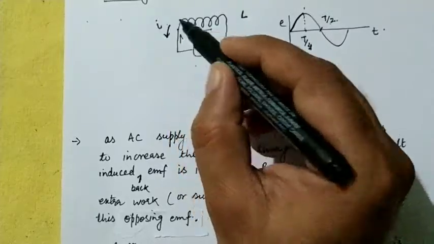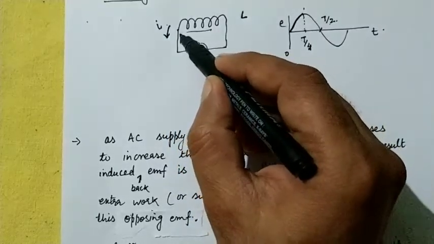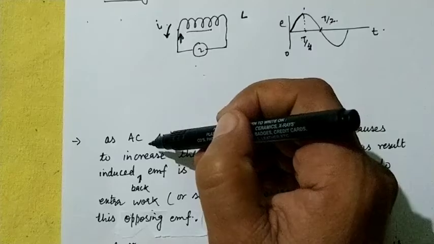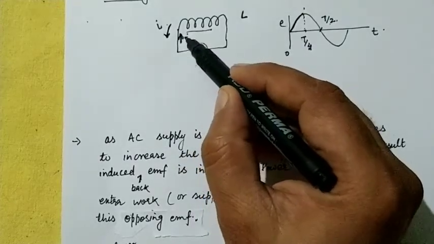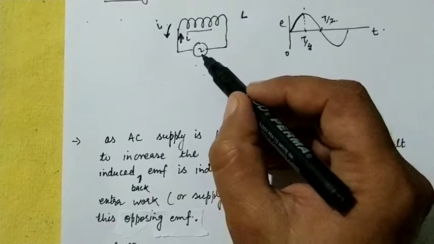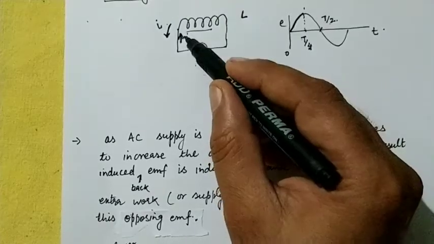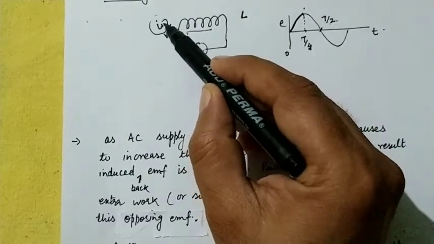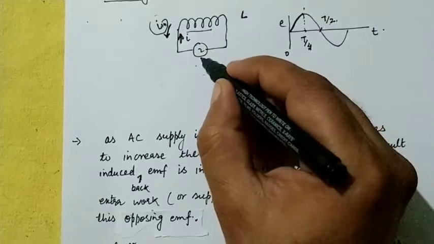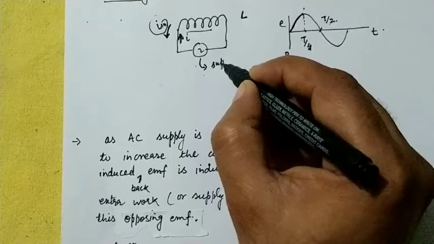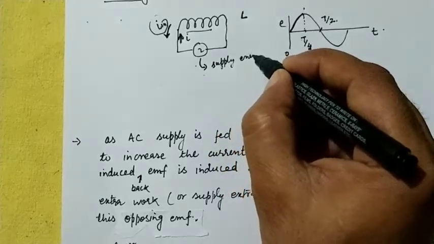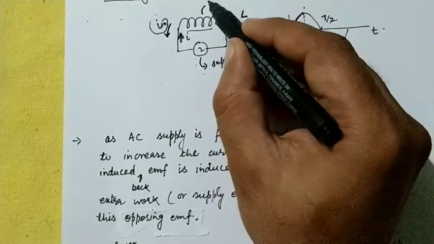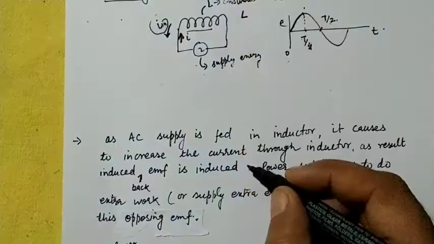If the conventional current is along this direction, then the induced current will be along the opposite direction, which opposes the conventional current. So the battery has to supply extra energy, extra potential, to overcome this induced EMF. As the battery is supplying the energy, the inductor consumes the energy.